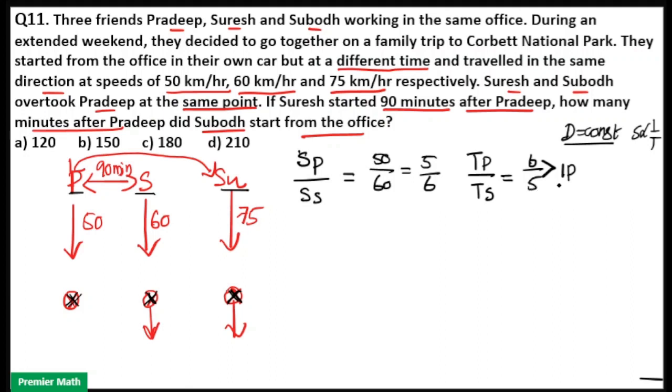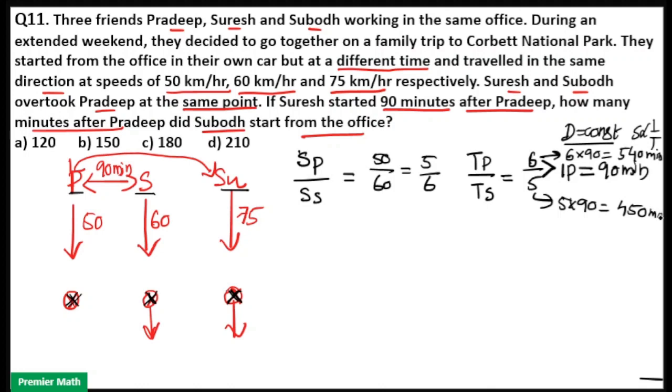In the ratio, the time difference is 1 part, and in the question, the time difference between Pradeep and Suresh is equal to 90 minutes. So, 1 part is equal to 90 minutes. That means 5 part is equal to 5 into 90, that is 450 minutes, and 6 part is equal to 6 into 90, 540 minutes.